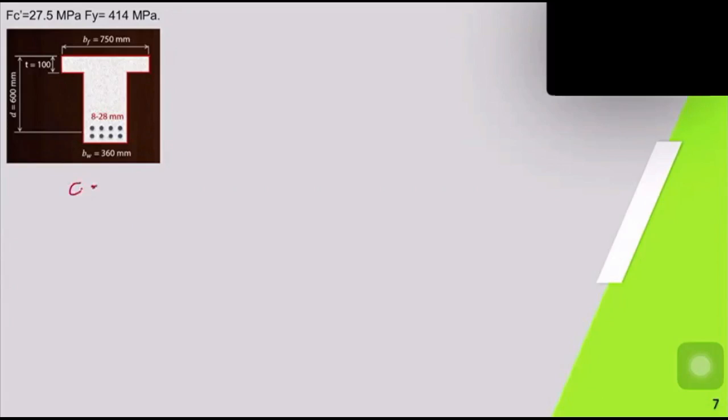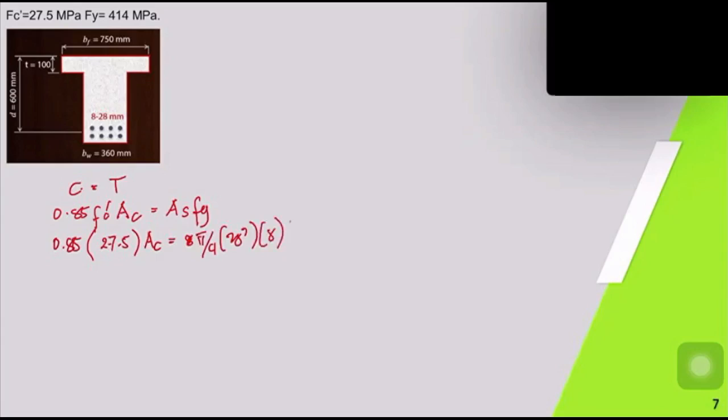So C equals T. So assume tension yields. 27.5, area of concrete equals As, 8 pi over 4, 28 squared, times fy 414.